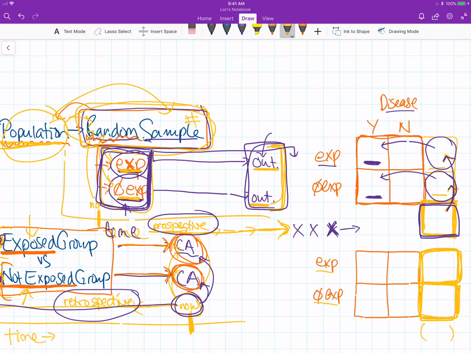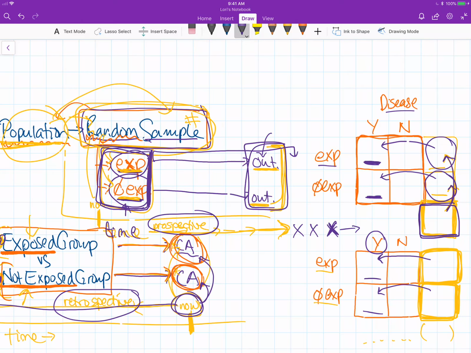And so this is in contrast with the case control study where I started down here at the bottom. Remember, I'm looking at cases and control. So here I'm looking at exposed and not exposed. And again, I still should have included this, disease, yes and no. And then what I do is I fast forward to current day, and I say, okay, now let's figure out if the people in each of these groups ended up being disease, yes, or having that particular outcome of interest that our study is looking at.